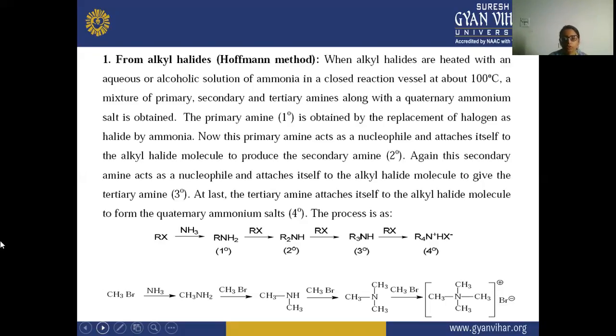So the process is as follows. In the reaction, we can see the alkyl halide reacting with ammonia to form the primary amine. Again, this primary amine reacts with the alkyl halide, and there is formation of the secondary amine. The secondary amine again reacts with the alkyl halide, and there is formation of the tertiary amine. In each step, there is addition of an alkyl group and removal of one hydrogen.